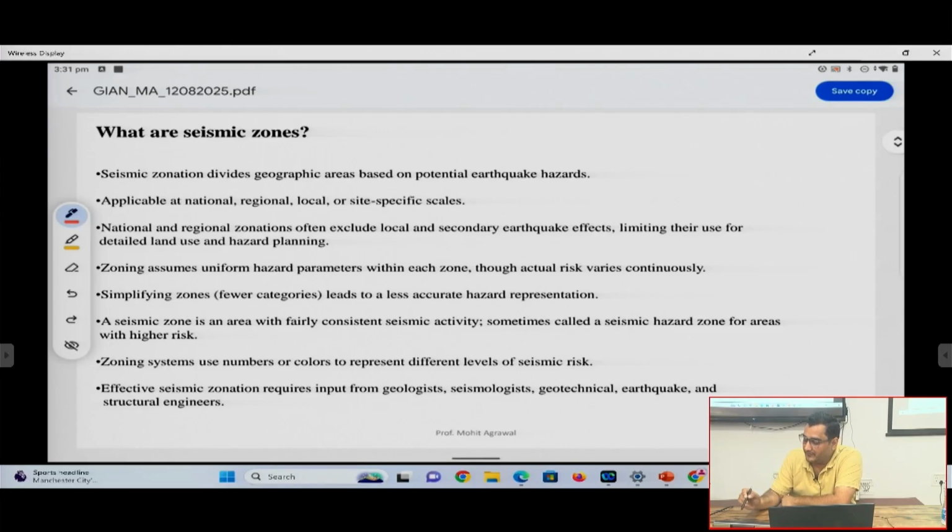So basically what we are trying to do is, let's suppose there is this surface, this is your surface, and here you have the bedrock. In any area, if you dig a little bit into the ground, you will encounter some soils, and thereafter you will encounter some solid rocky surface after a certain depth.